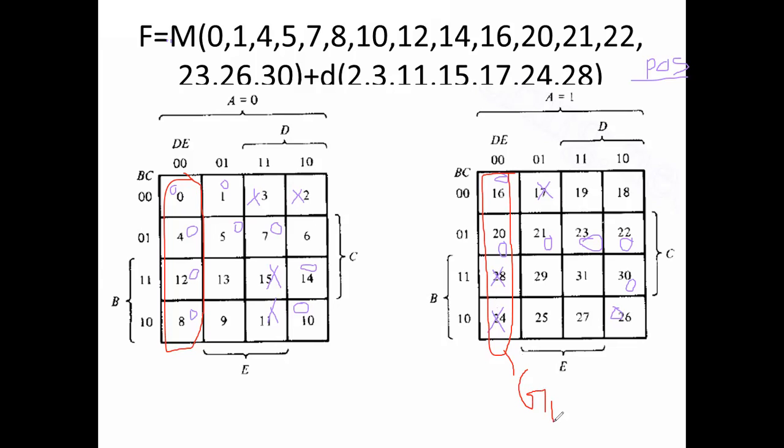Next, is there any octet? See here: 12, 8, 14, 10, 28, 24, 30, 26.